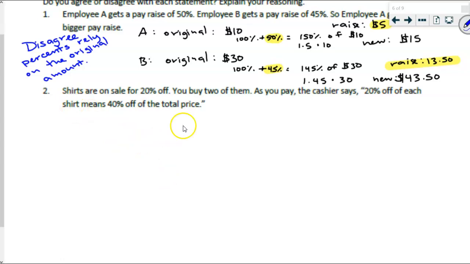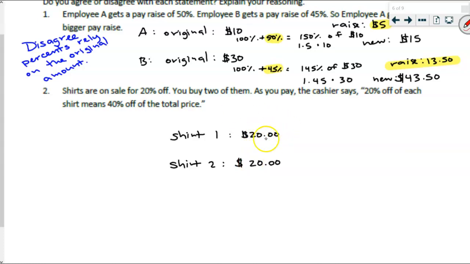So 20% off of one thing. Let's just do this problem. Let's say we have a shirt. Let's say that shirt 1 costs $20. And let's say that shirt 2, should we just make them the same price or should we be creative and make it something different? Okay. 2 shirts at the same price.